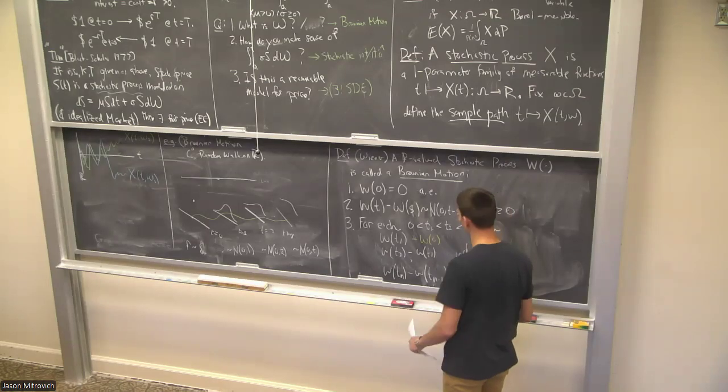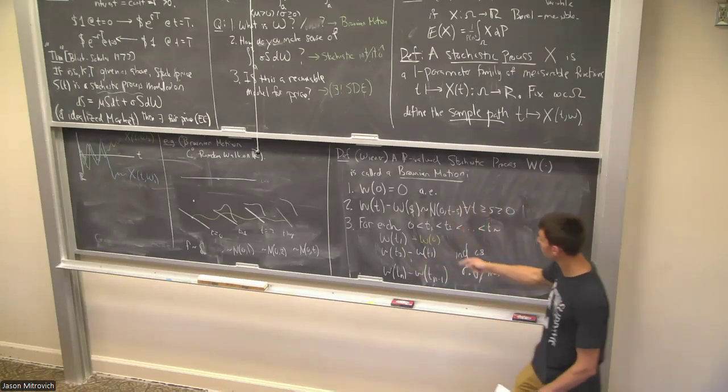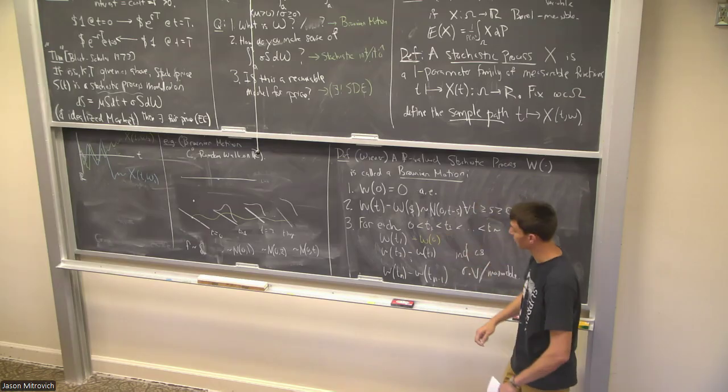Because remember, a stochastic process gives you a function for every time. So these are all functions, and we're saying that they're independent.